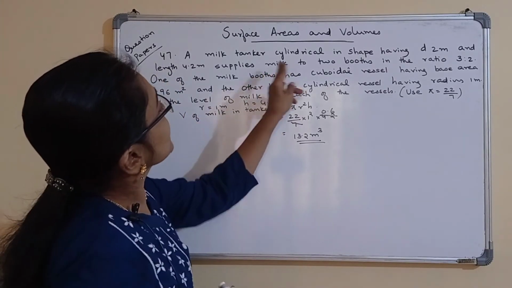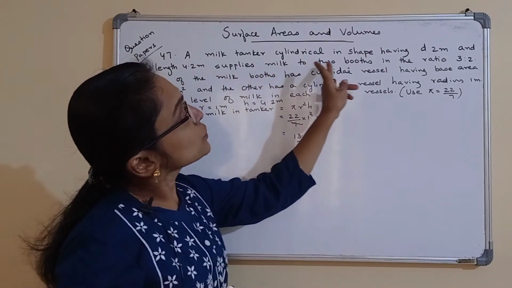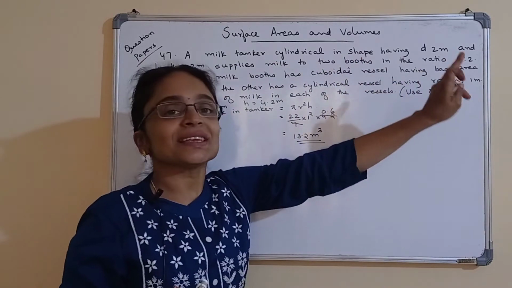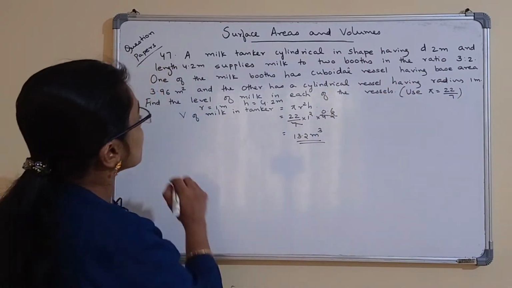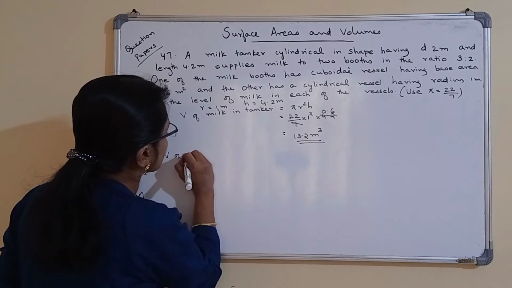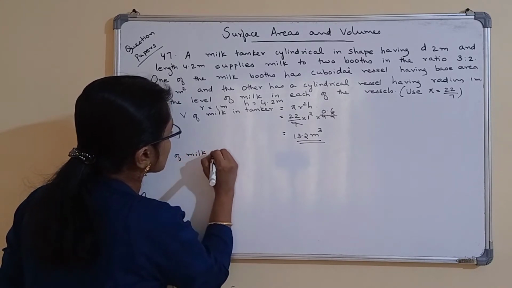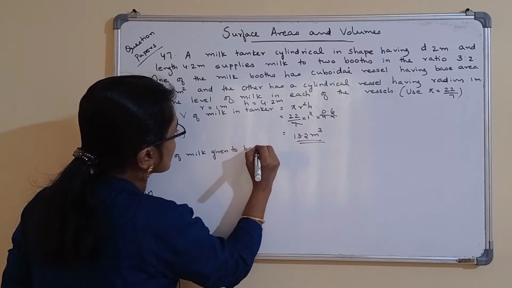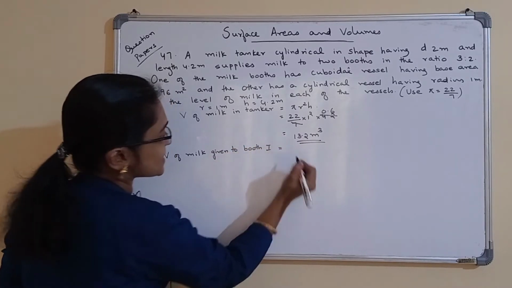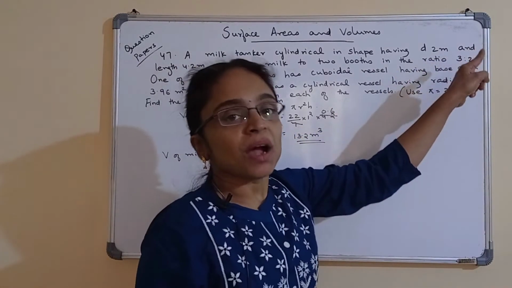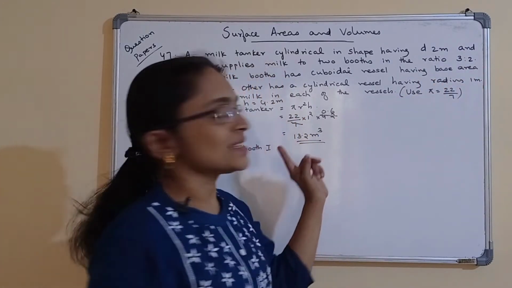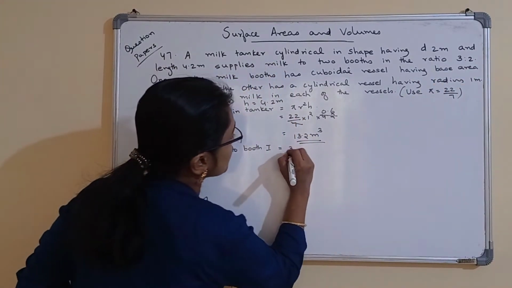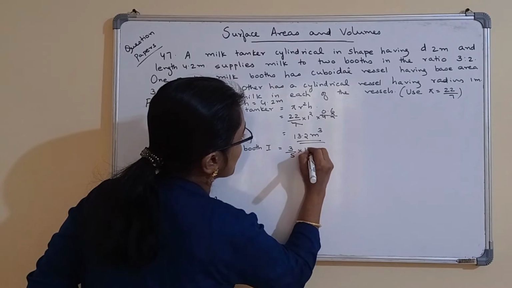Now it is given that the milk supplied to two booths are in the ratio 3:2. So volume of milk given to booth 1. What is it? It is 3/5 into this, right? So 3/5 into 13.2.